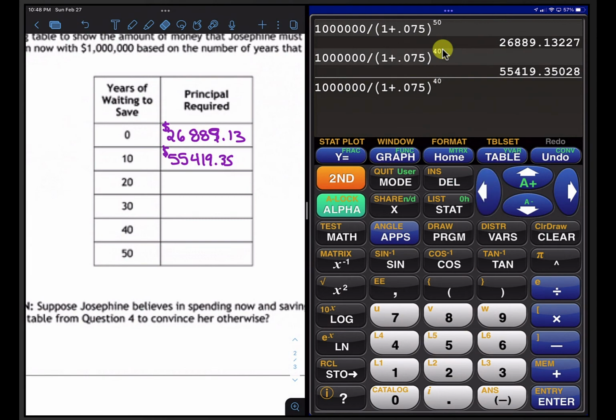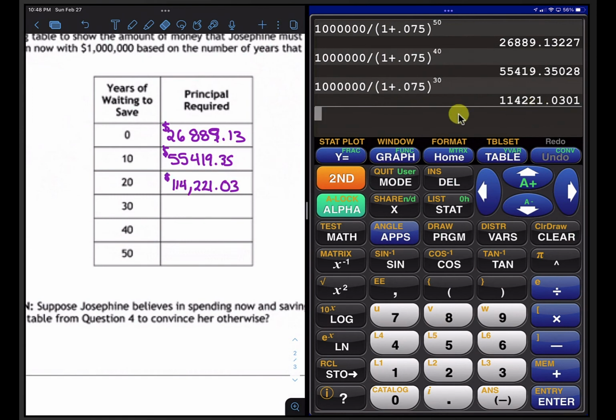Change the 40 years to 30 years, and let's recalculate it. And we have this 114,221. And let's go back and put that on our page. So if she waits 20 years, then she would have to put in $114,221 in order to have $1 million at retirement.